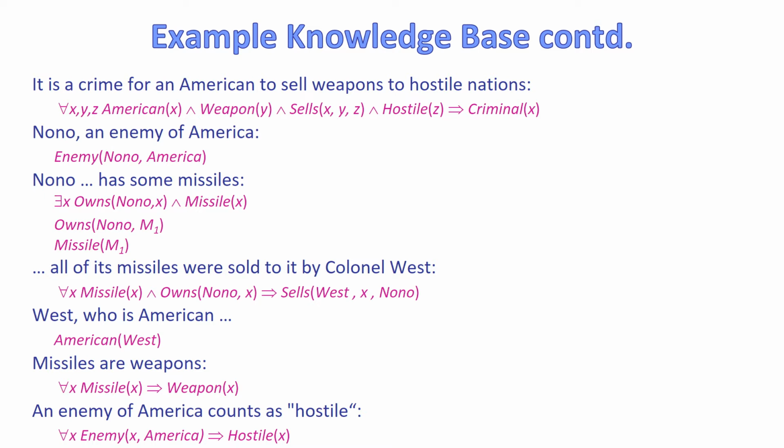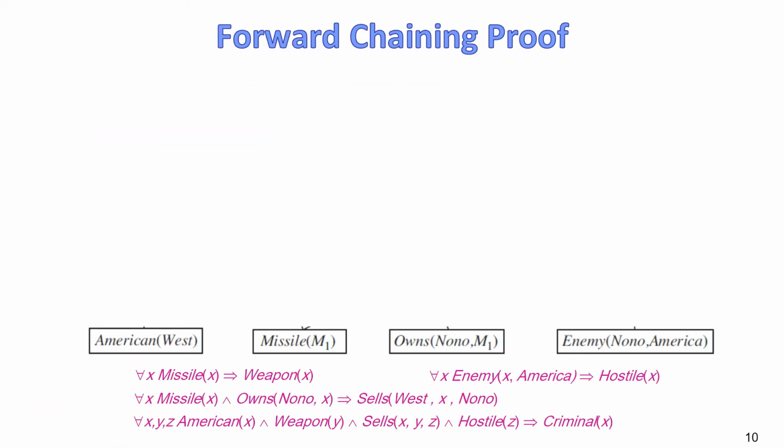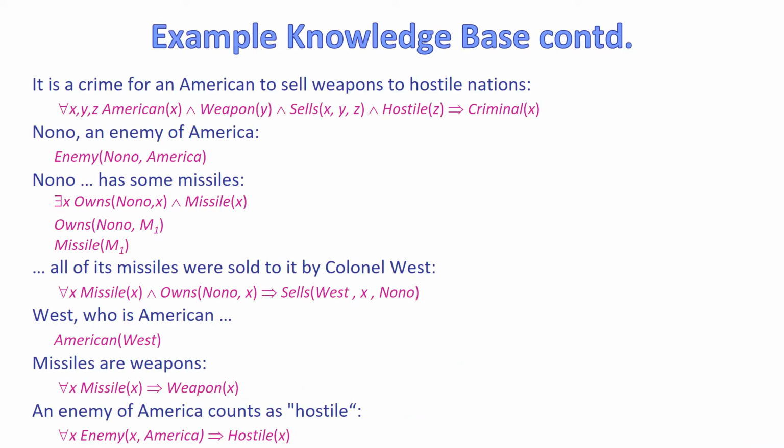Okay, all of the ones that are not universally quantified are known facts, or ground facts, or simple predicates. The others are of course also known facts, but they are quantified. What we start with in forward chaining is the specific facts that are not quantified.